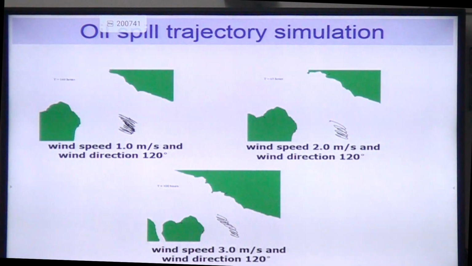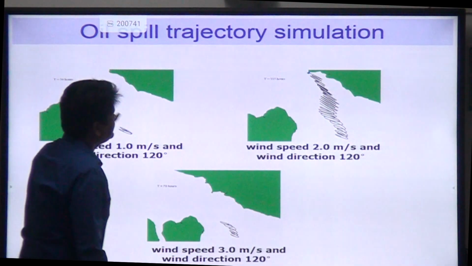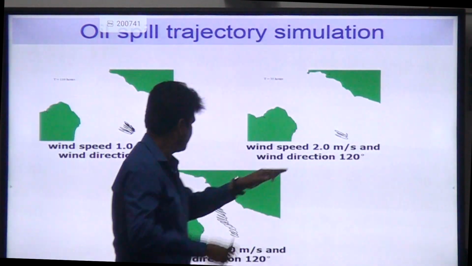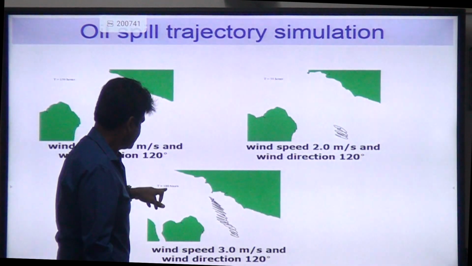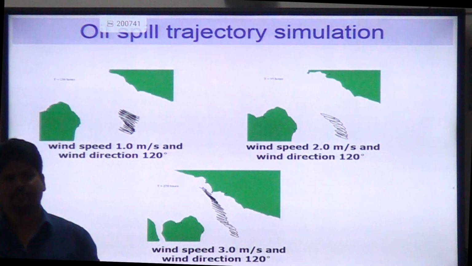And also the time it takes to reach the shoreline is going to be different. I have put the information here. The simulation shows this takes about 780 hours, this around 135 hours to reach the shore, this takes about 200 hours, 230 hours. Are you understanding?